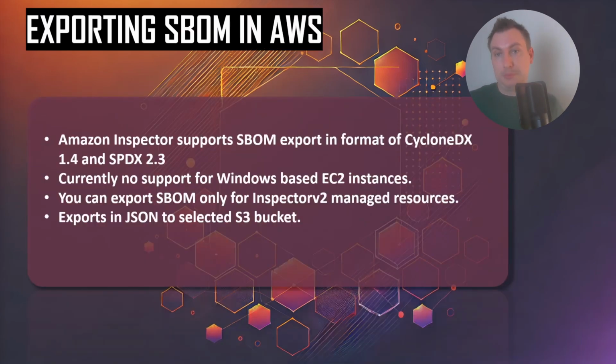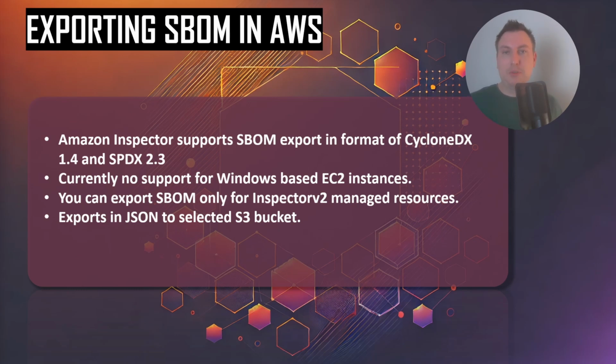Another very important thing is exporting SBOMs in AWS. I will talk about that a lot. So how can you export an SBOM in AWS? Amazon Inspector version 2 supports SBOM exports for CycloneDX and also for SPDX. Version 1.4 for CycloneDX, version 2.3 for SPDX.